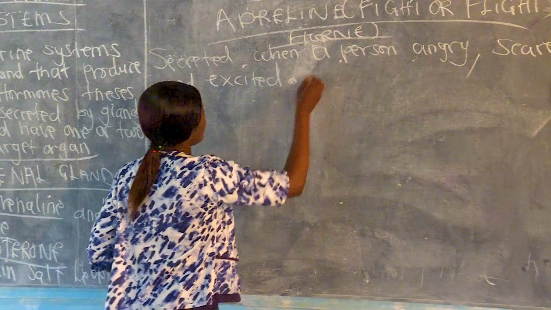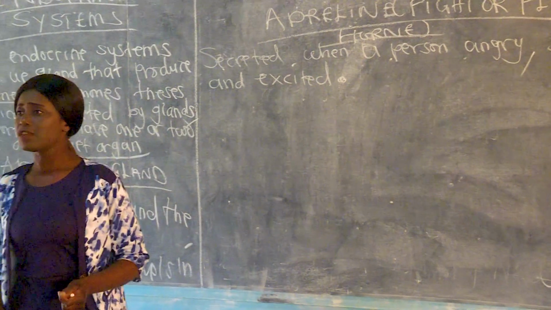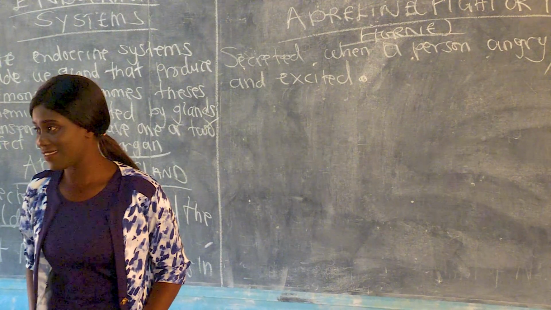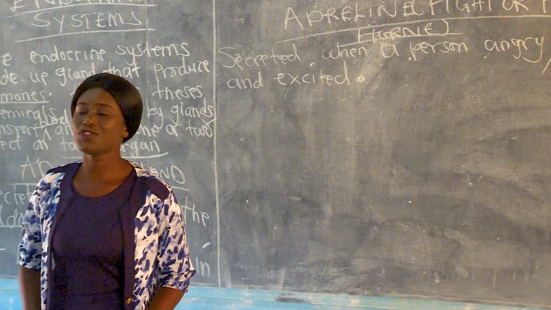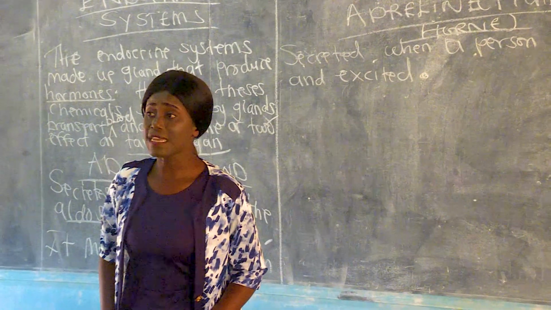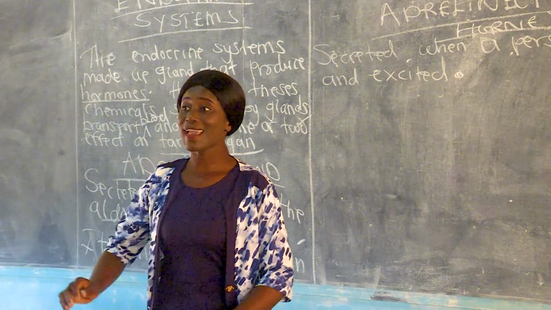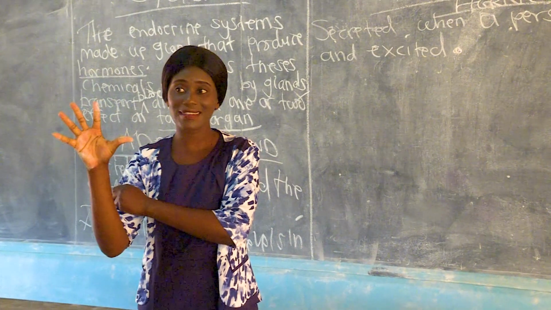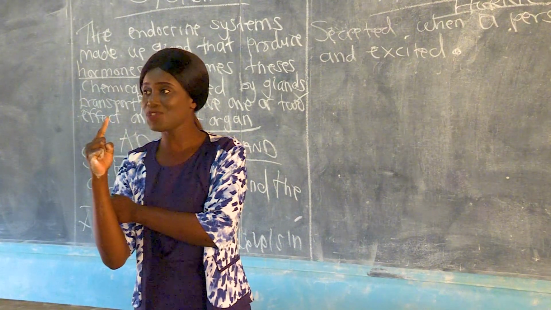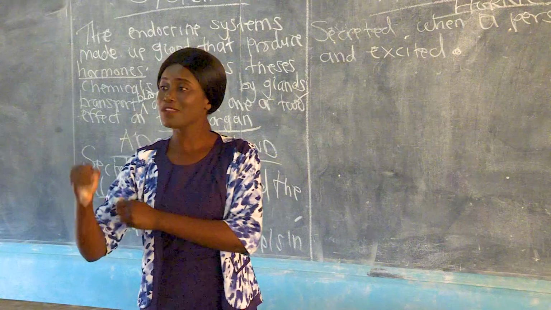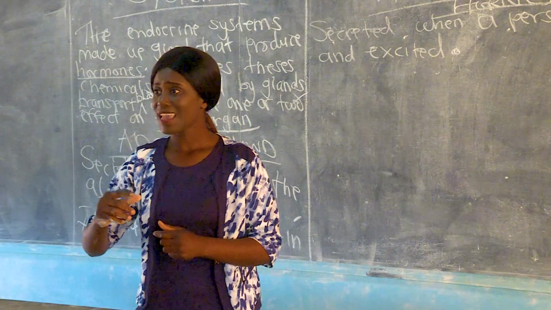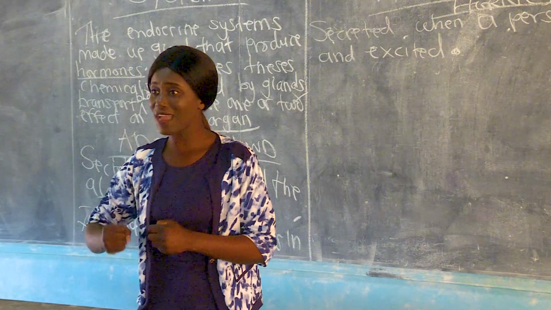Okay, so let's talk about the things that adrenaline does to our bodies. One of the things that adrenaline does is to make our muscles contract and relax rapidly, enabling us to do what?